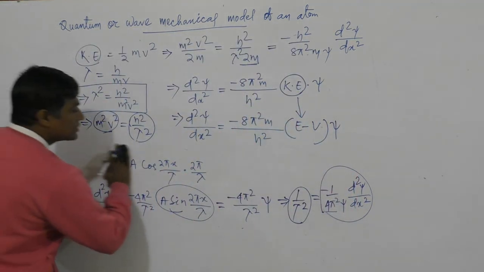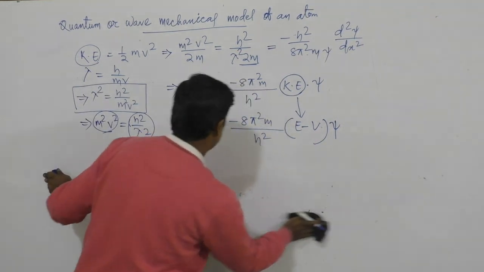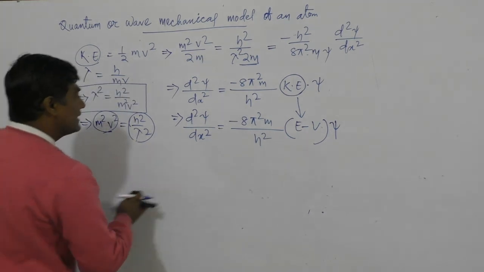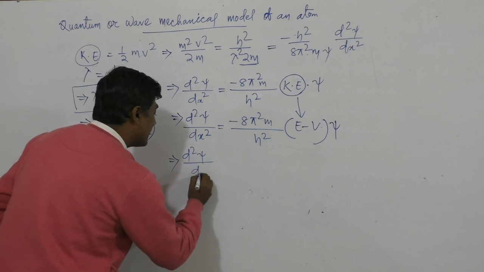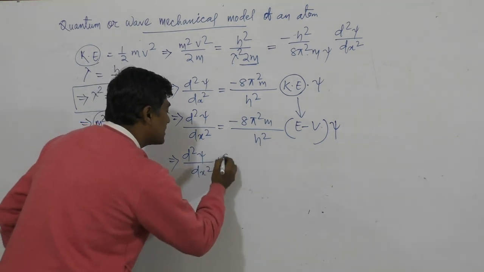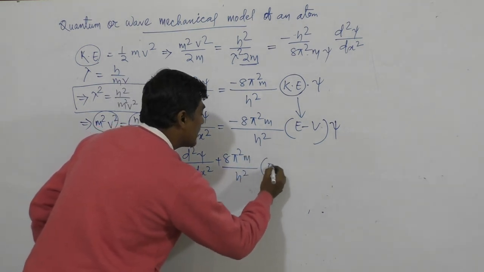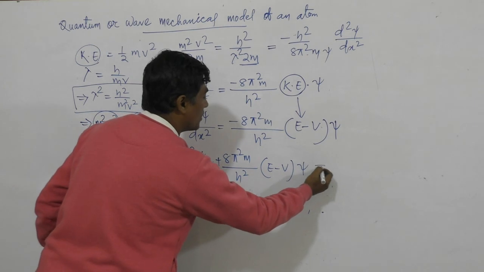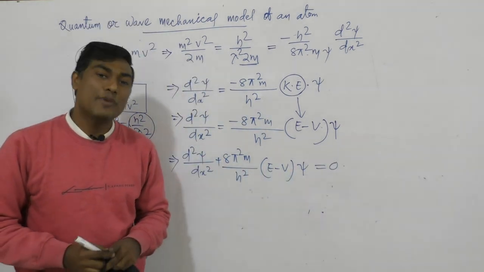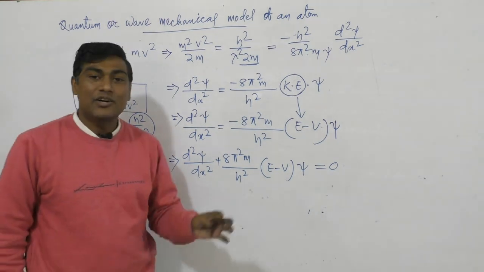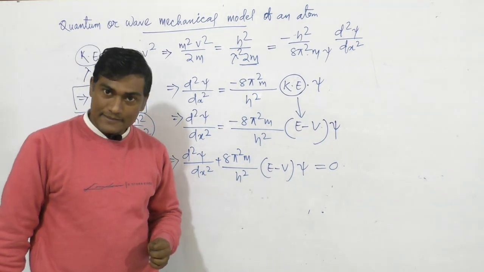Let us take the right side to the left side, then we get the final equation: d square psi by dx square plus 8 pi square m by h square, E minus V, psi is equal to 0. This is the Schrodinger wave equation for the electron, for any microscopic particle, on the x-axis.